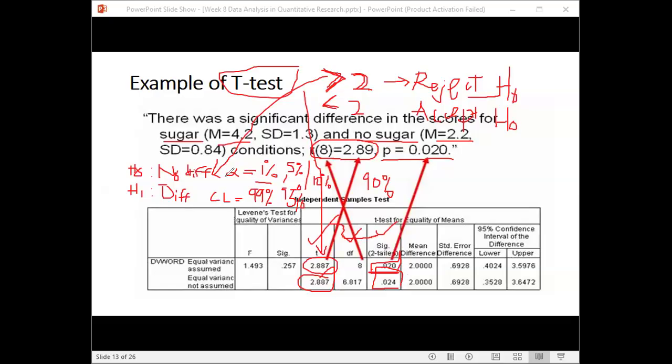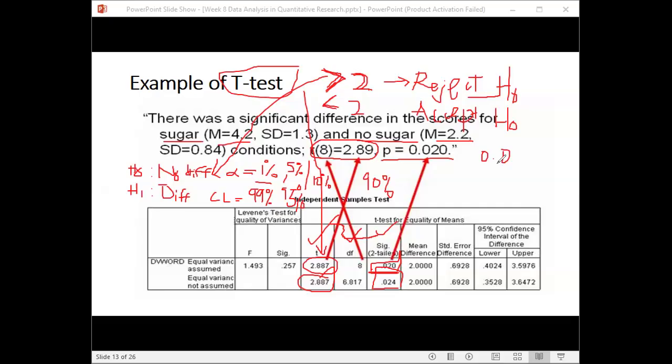So how do we do this? Let's pay attention. We are saying that our level of significance, which is our alpha, is either 1%, 5%, or 10%. Let's put it into decimals. 1% will give us what? 0.01. 5% will give us 0.05.